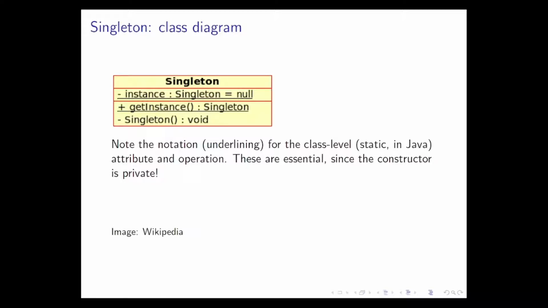If on the other hand you are the second or the 17th client to send a getInstance message to the class, then the code of the getInstance method will simply return the existing value of that private instance Singleton. So you'll get a reference to the same Singleton object, which is the value of that static attribute instance.